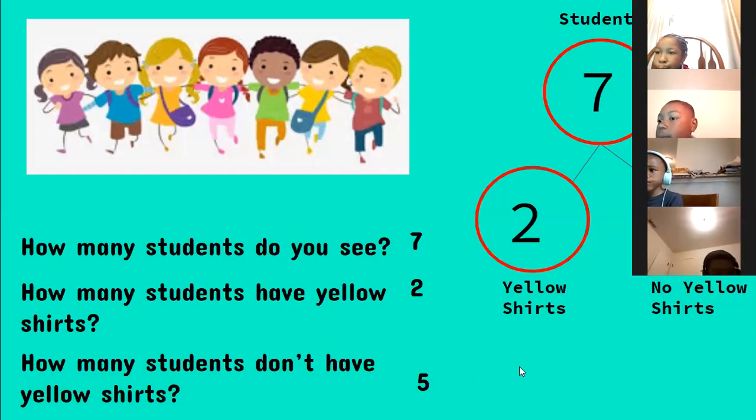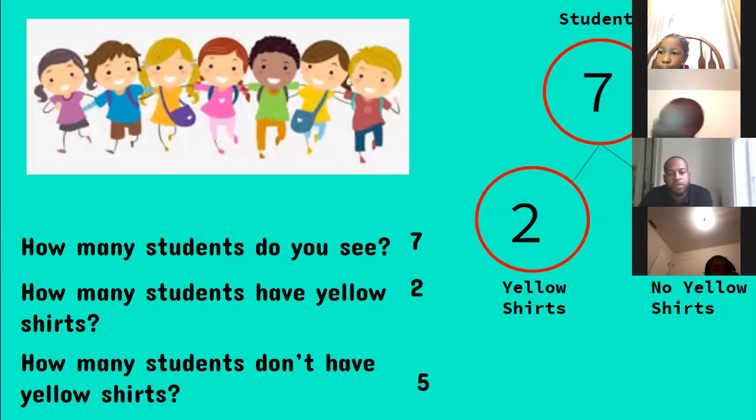How many students do I have all together? 7. Right, and how many have on yellow shirt? 2. And how many don't have on yellow shirt? 5. Thank you, Azar. You can put yourself back on mute.